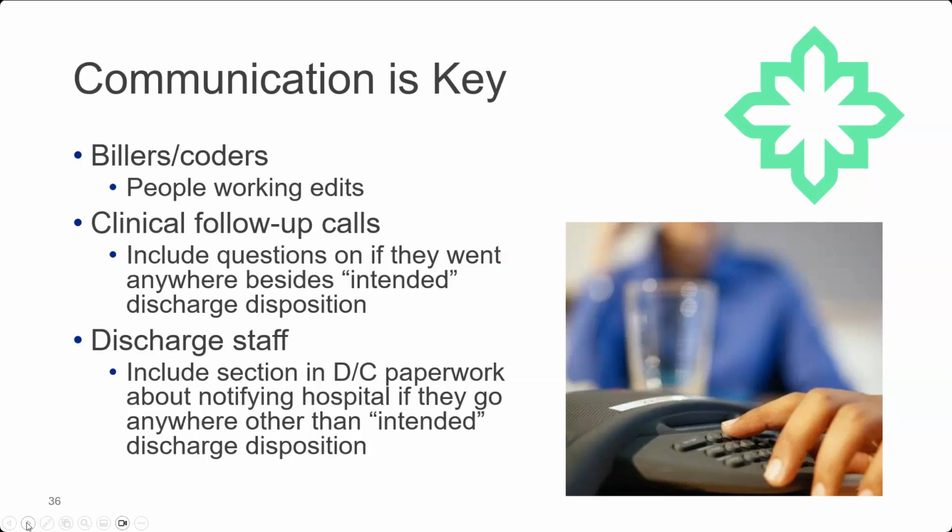And then have something in there that says, please notify the hospital if this is not the status the patient entered your services at. And then again, give clear direction on how they can contact that billing facility. Again, clear and concise communication is the key.